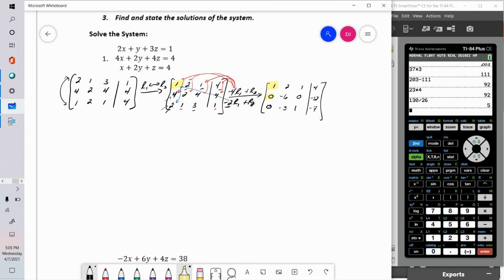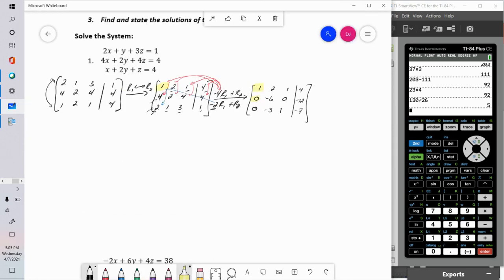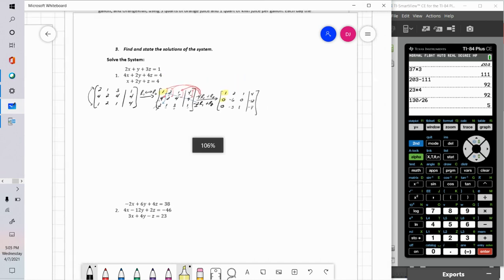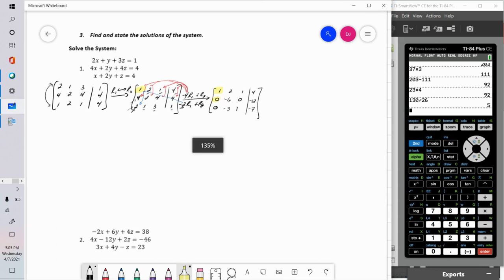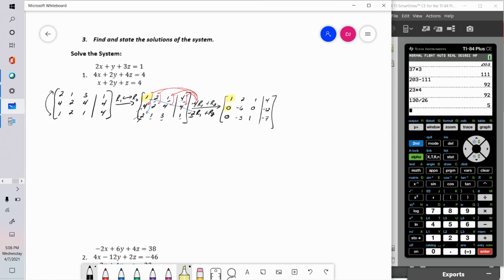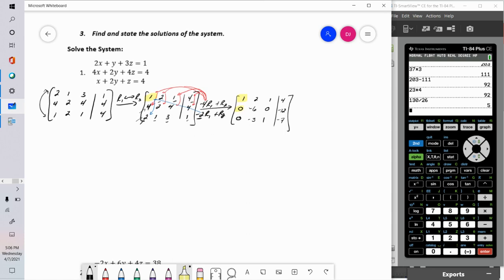Okay. Notice that I have made a mess of my page here. Notice that I have my first column, the 1, the 0, and the 0.